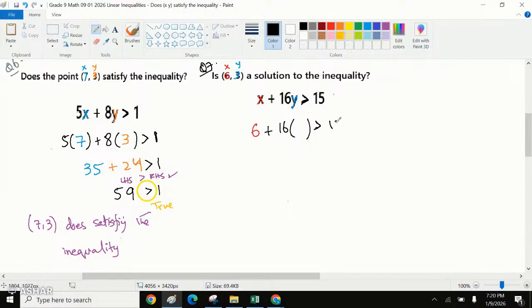Or we can say the other way around, 15 is less than x plus 16y. And the value of y was 3. We can already see that 16 and 6 are already greater, but we are multiplying it by 3 as well, right? So that means it should be greater. So we can write this as 6 plus 48 is greater than 15. Yes, it is. That means 54 is greater than 15. Do we agree on this? Yes, this is a true statement.